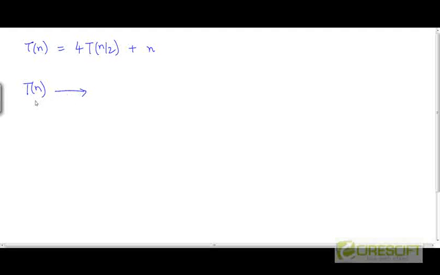In the next round, we expand the tree to one more level by replacing T of n by what appears on the right hand side of the recurrence. So we're going to write n in place of T of n with 4 children, each being T of n by 2.